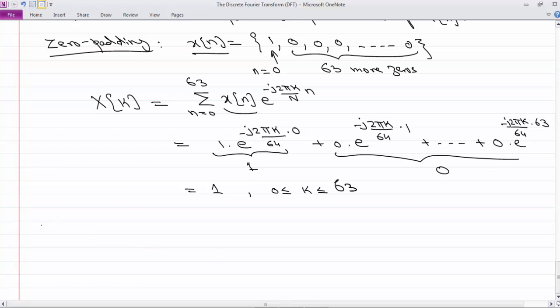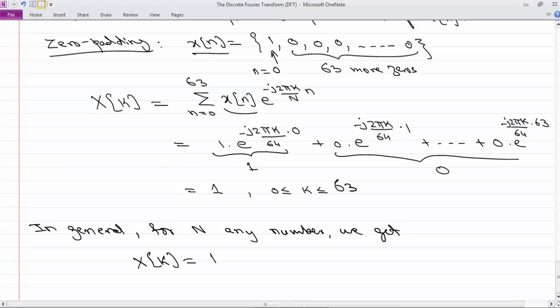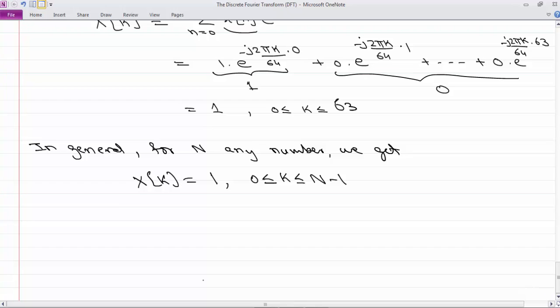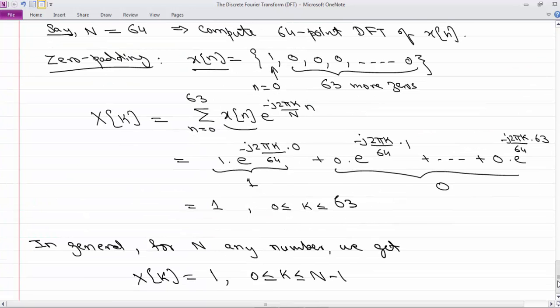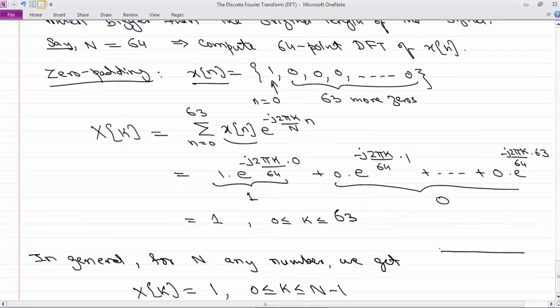In general, you could also compute the same thing for capital N any number. We still get the same formula, X[k] equal to 1 for k between 0 and N minus 1. So if I plot my X[k], if I plot my DFT, which is a sequence, for k equal to 0, I get 1.